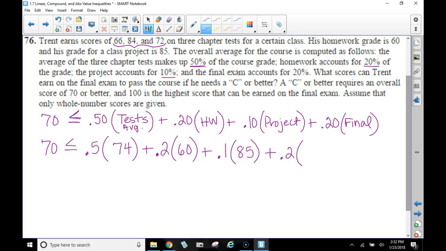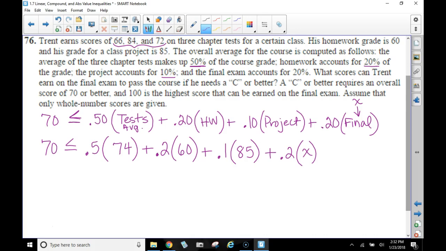So maybe we'll just call that X. We're going to let X be equal to the score on his final exam. Now that can't be any better than 100, so that's going to be our upper bound here for his final exam score. But let's figure out what's the minimum score he can make on his final to make sure that his average is at least a 70.